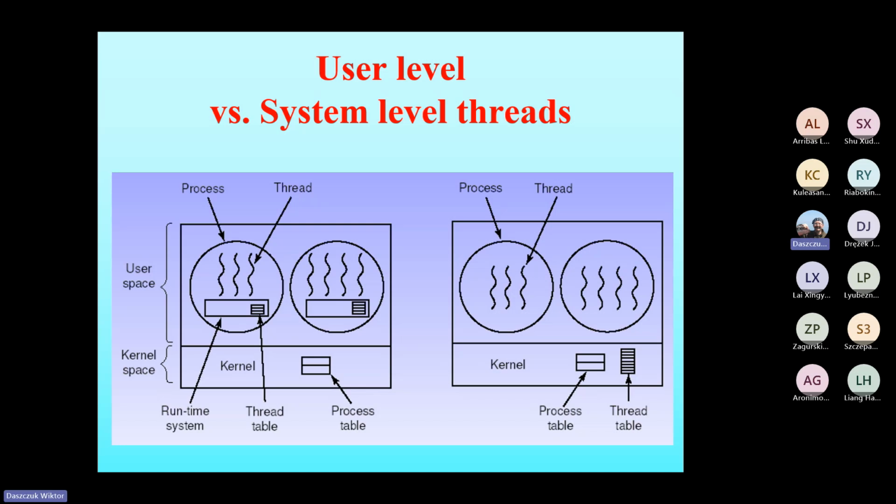Runtime system in an operating system is a well-defined entity, so for me it's not a good name. It's better to say it is a thread library. We can use some library of functions for creating threads, closing threads, and interleaving threads, just withdrawing from the processor and giving the processor to another thread in the same program.